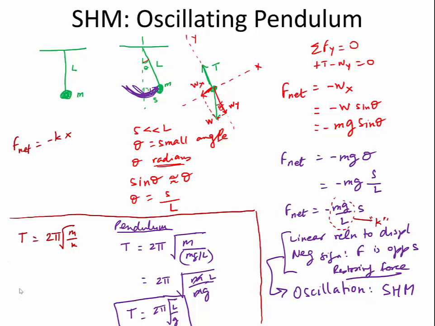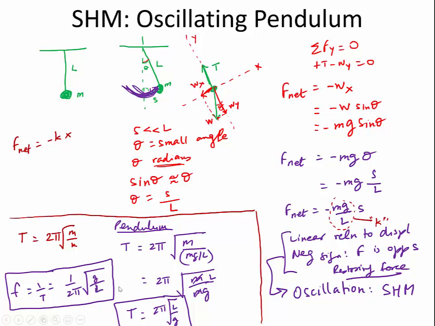And lastly, I can state the frequency, which is 1 over T, will simply be 1 over 2 pi square root of g over L. So if I want to talk about the frequency of an oscillating pendulum, once again, it only depends on the length of the string and the acceleration due to gravity. Acceleration due to gravity is 9.8 as long as you're on the surface of the Earth. So it only depends on the length of the string. It does not even depend on the mass that is oscillating back and forth.